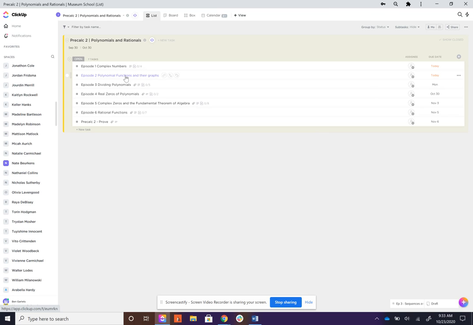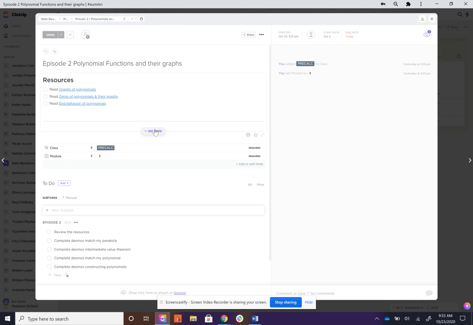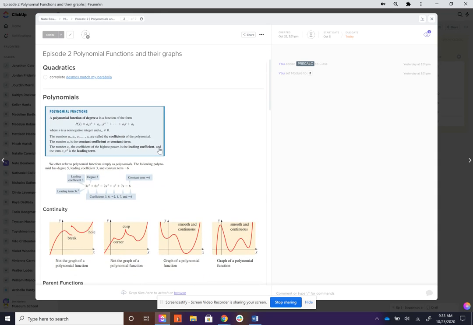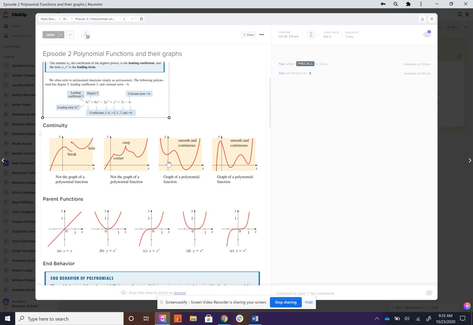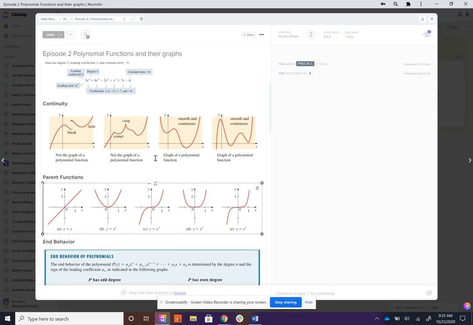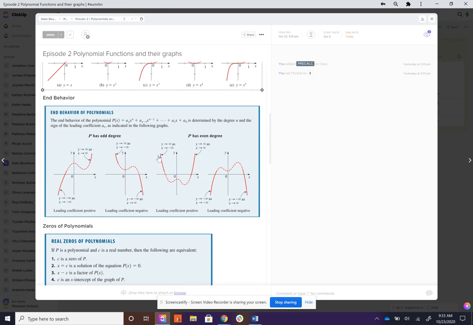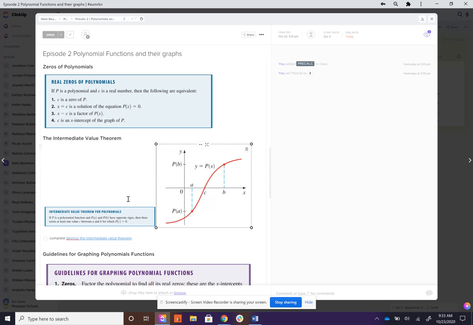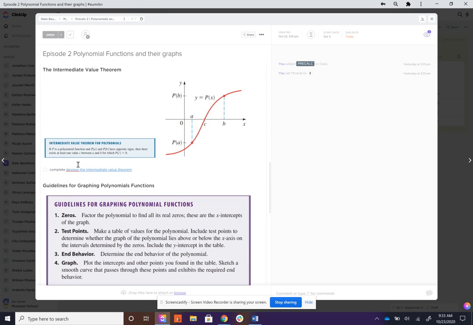And then episode 2, polynomial functions and their graphs. I did put in some resources up here. There's quite a few Desmos activities because we spent the bulk of our time really exploring these concepts. But first one was about quadratics, a review on quadratics. And then a lot of these visuals are a review from what we talked about in class: end behavior, real zeros, intermediate value theorem, and then another Desmos.